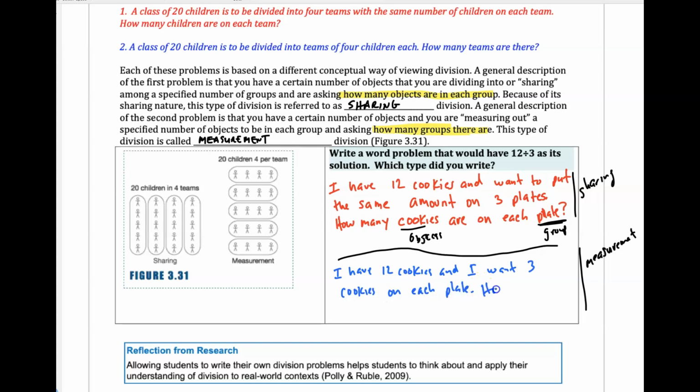How many plates do we need? That right there would be a measurement. How many plates do we need? And so the answer would be 4, right? I'm going to put 3. And so again, we're looking for how many groups there are, and that's a measurement division problem.